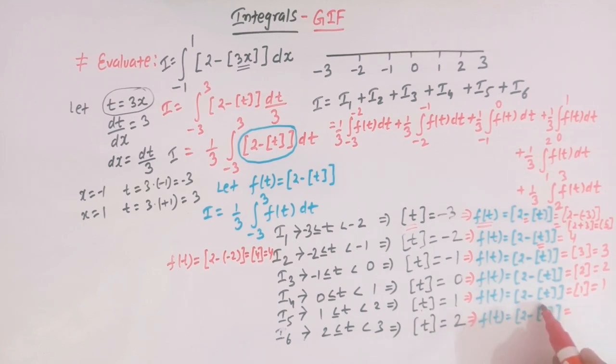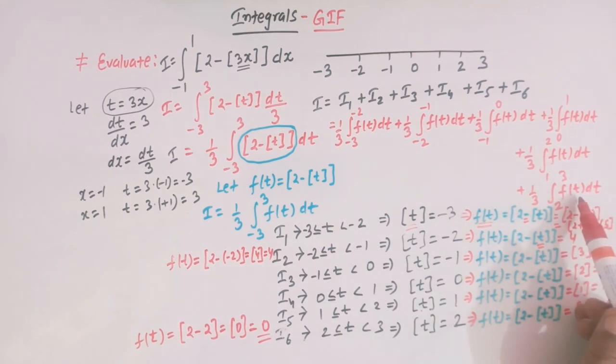So when we take 2 here, we get f(t) equal to the greatest integer of 2 minus 2, that is the greatest integer of 0, which is equal to 0. This shows that our last integral has the value 0.